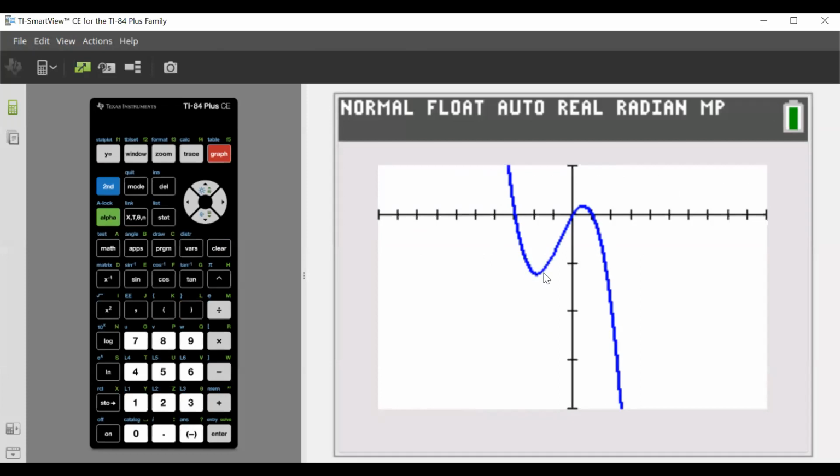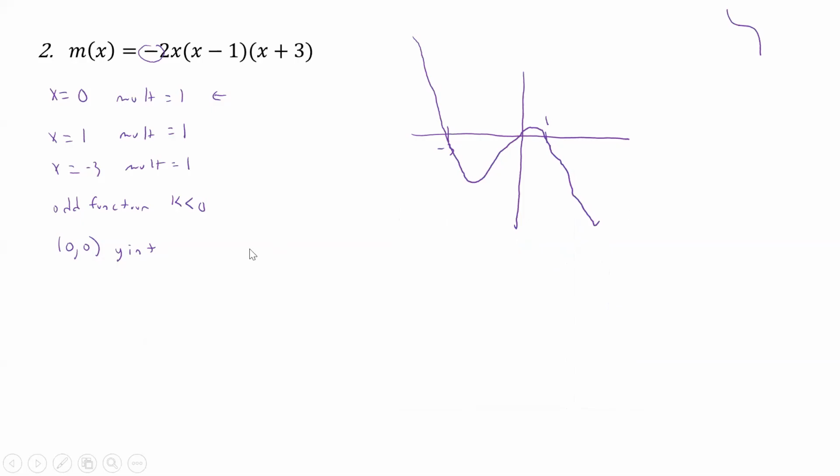Again, we're not exactly sure where we're at here. Comes up here, goes a little bit above, comes back down through 1, then goes down here. So it follows our odd function with k less than 0, which is what we wanted. We knew it came down in a kind of straight line here, straight line here, straight line here, and we hit the intercepts. So again, we're doing well as far as graphing those.